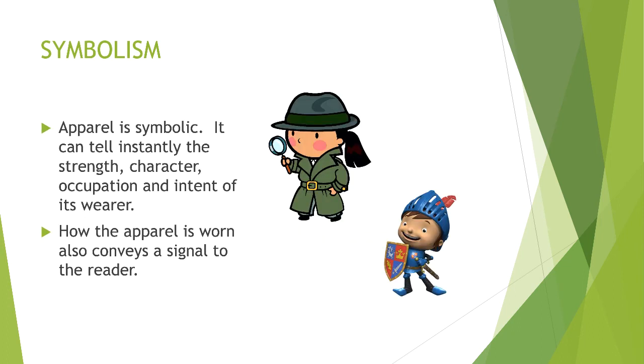Another big deal in visual storytelling is the apparel of the character and the objects they hold. That really tells a lot. It tells the viewer a lot of what's going on, just by what the character is wearing. And again, we're relying on stereotypes.